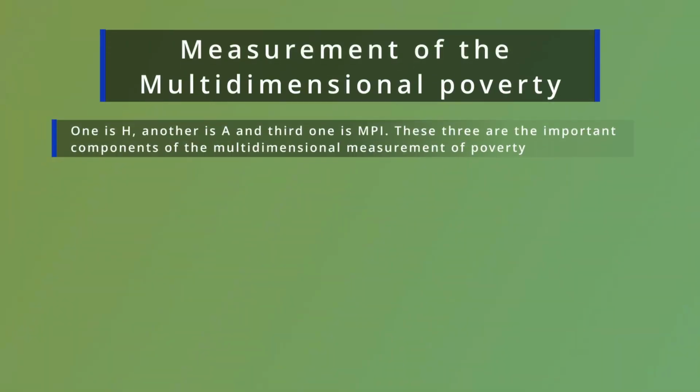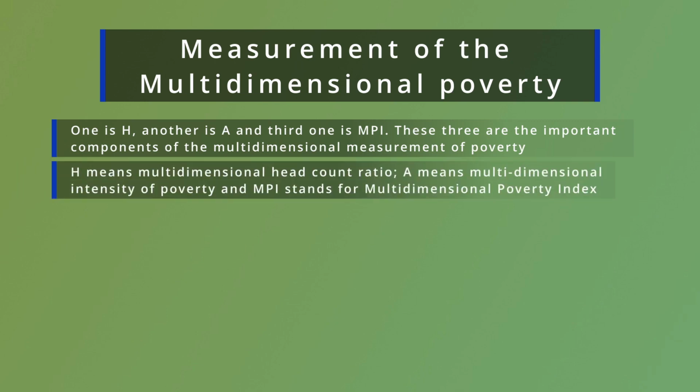Rather, here we can highlight three basic indicators of the multidimensional measurement of poverty. One is H, another is A, and the third one is MPI. These three are the important components of the multidimensional measurement of poverty.